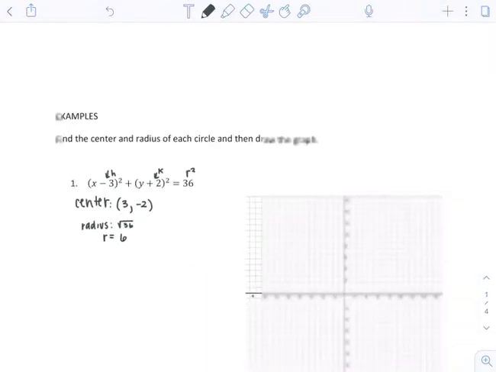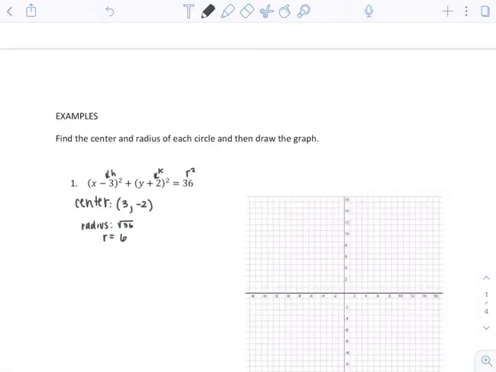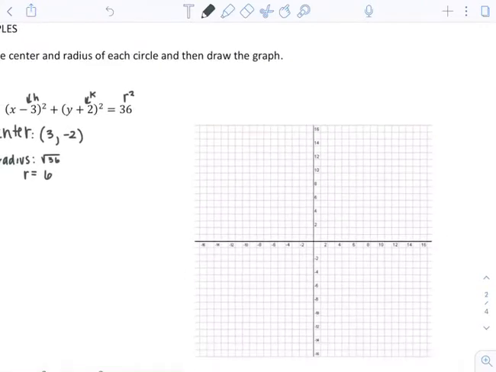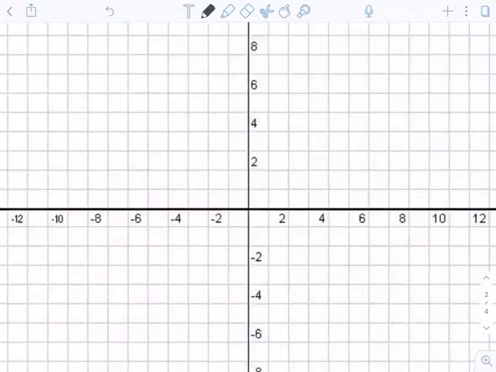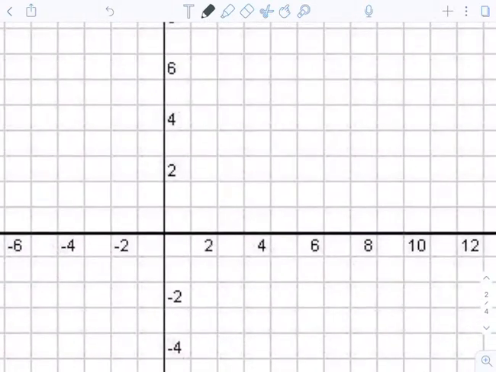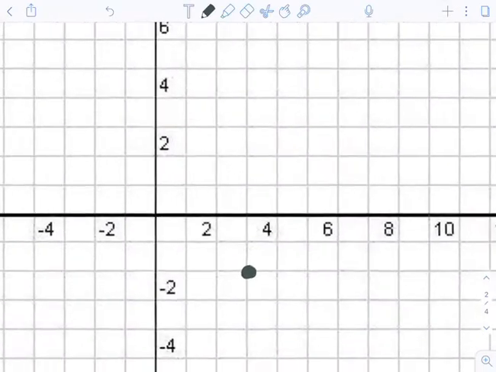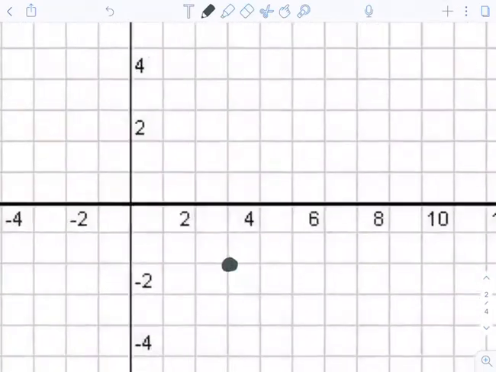Okay? So graphing your circles is a bit easier. It's especially going to be easy if you do it on your iPad. So I'm going to plot my center at 3, -2. And then I know my radius is 6.